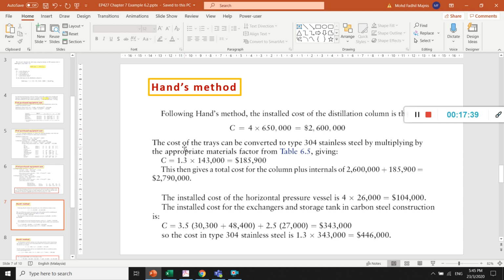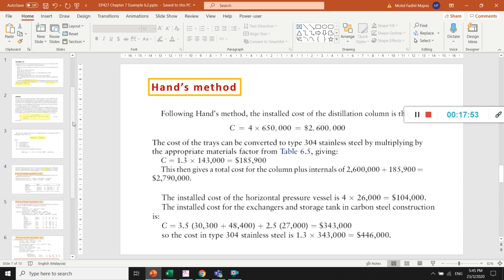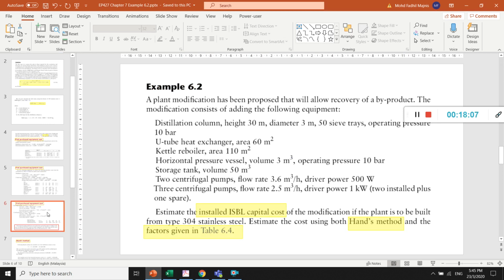Then the cost for type 304 stainless steel is obtained by multiplying by the average material factor from table 6.5. Why do we need to multiply by these material factors? If we go back to the first slide, which is the question, the question has clearly mentioned the modification: if the plant is to be built from type 304 stainless steel, that's why we need to convert to stainless steel.